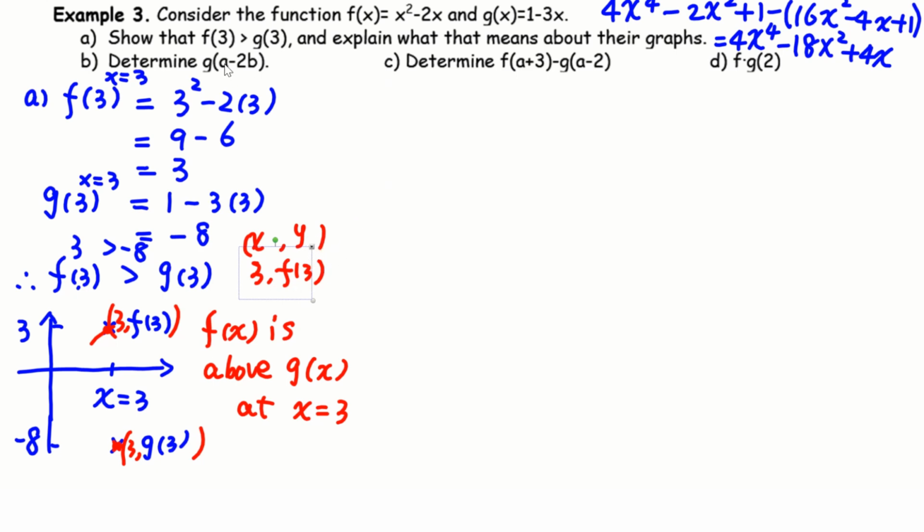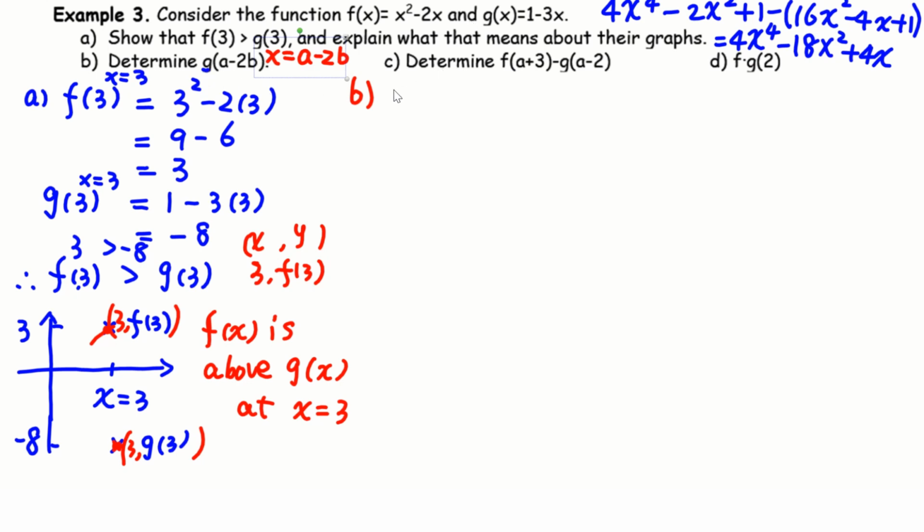And question B, determine g bracket a minus g at a subtract 2b. So question B, it means the x value equals a minus 2b. We sub in this one to the function g at x. So remember, you need to sub in to the correct function.